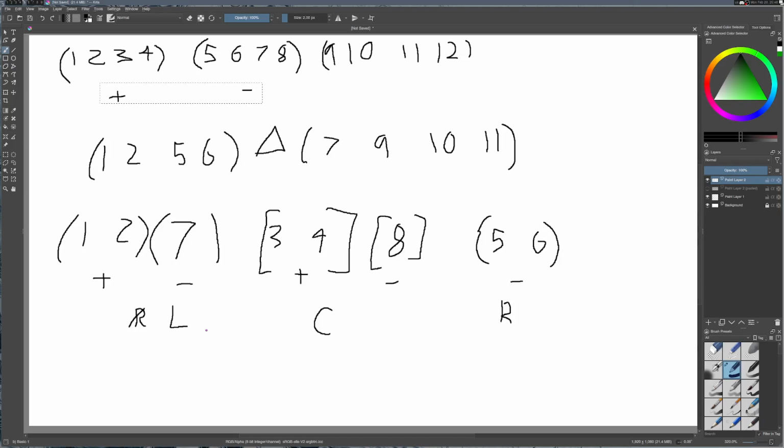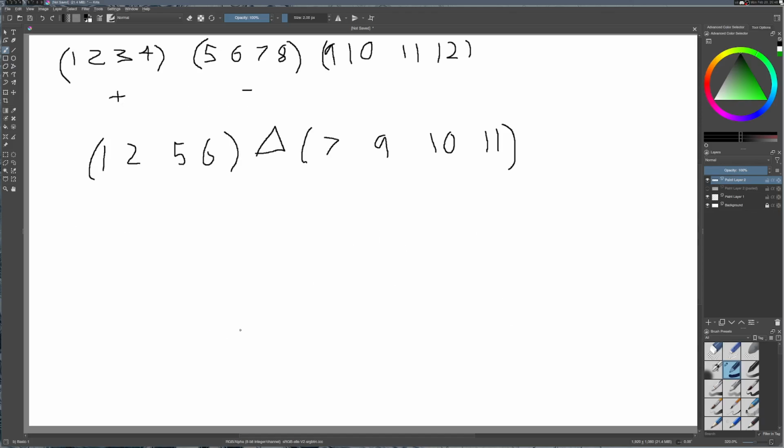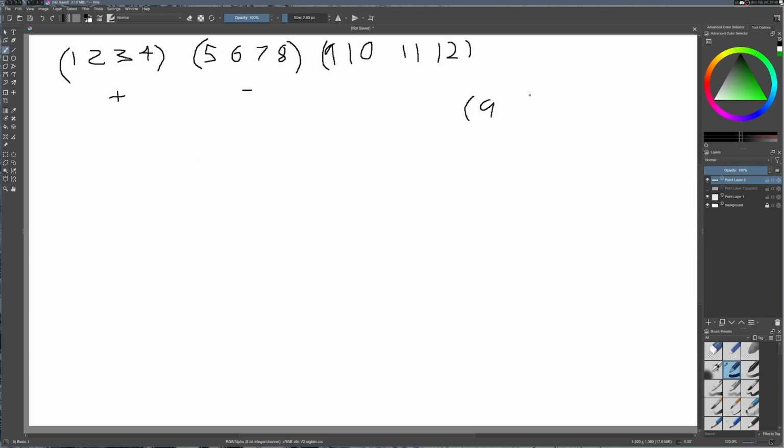Now in the case that they are equal, then our possibilities are 9, 10, 11, and 12. These are either heavier or lighter.